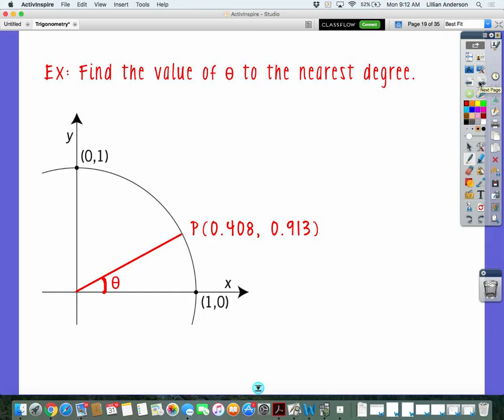Take a look at this. Find the value of theta to the nearest degree. Okay? We're going to find the value of this angle, knowing that P is the point 0.408, comma 0.913. So we're doing the opposite here. We're looking for the angle. How do you suppose we find that angle?